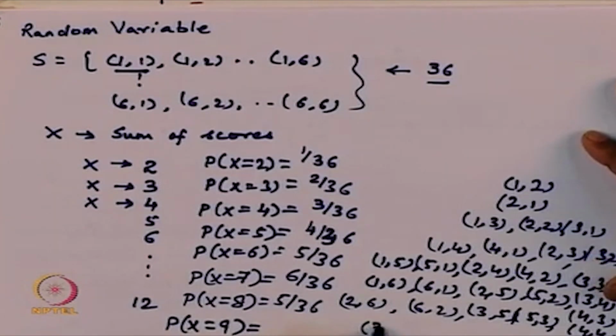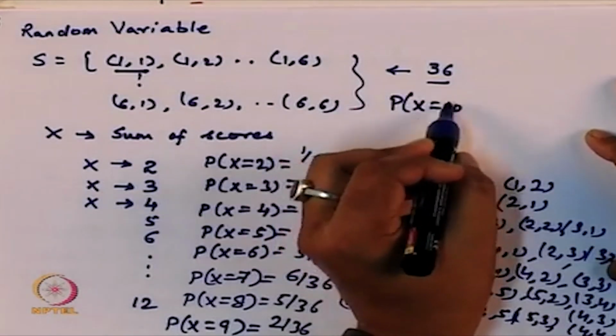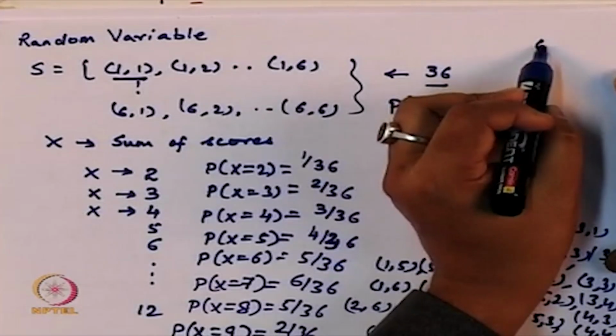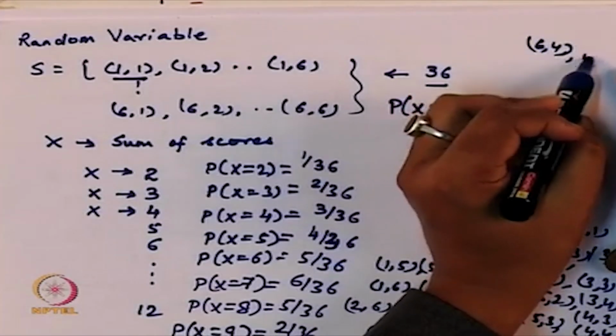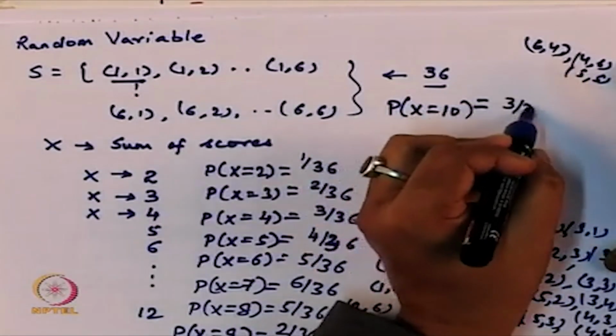I will get (3,6) and (6,3), equal to 2 by 36... Probability of x equal to 10: I have (6,4), (4,6), (5,5), 3 by 36.